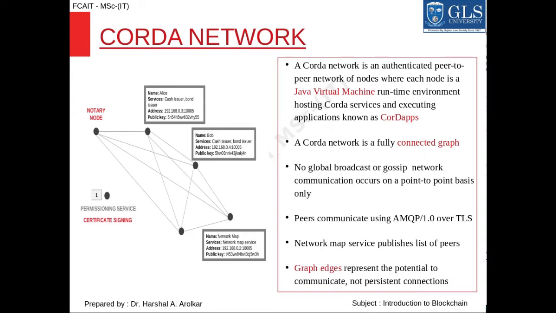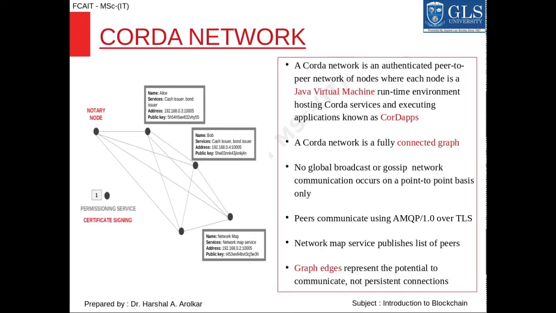As you can see in the figure, we have a node Alice. It also has a service, which has been mentioned, that is cash issuer or bond issuer. We are able to see the address of this particular node along with the port ID. So the address here is 192.168.0.3 and the port ID is 10005.